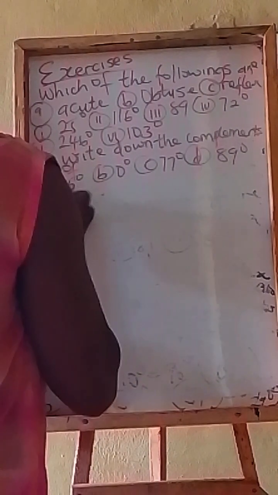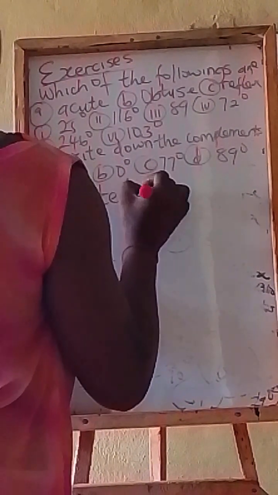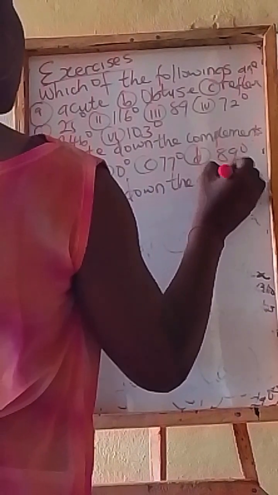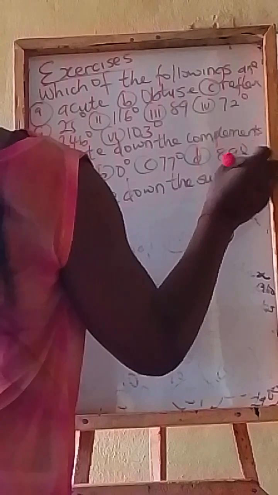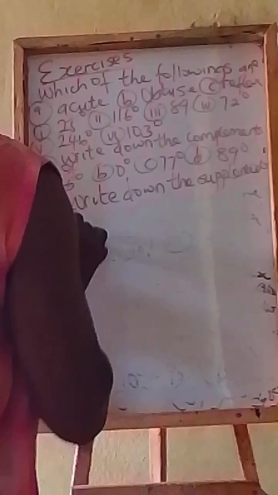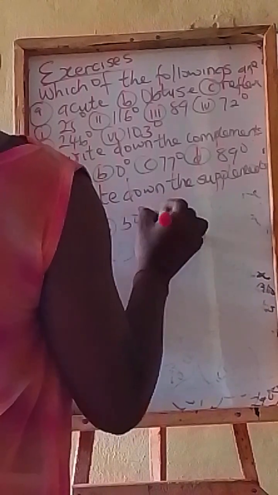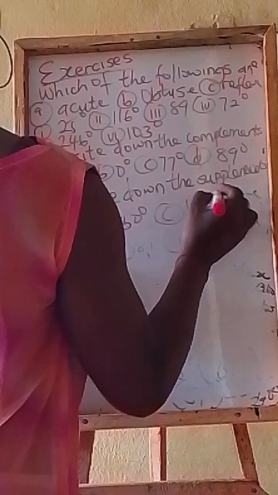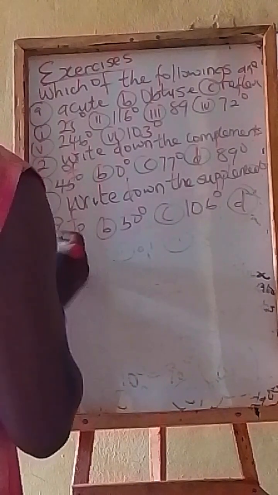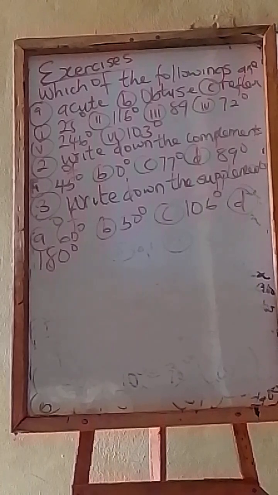So number 3, write down the supplement of A, 60, B, 50, C, 106 degrees, D, 180 degrees.